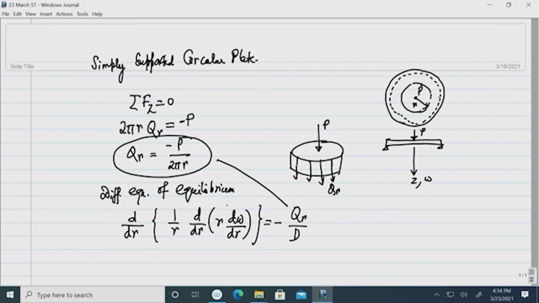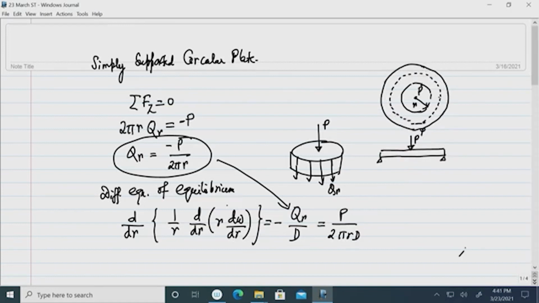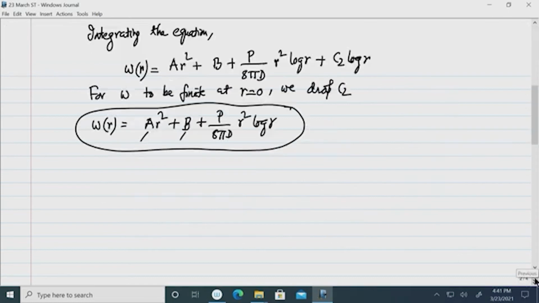So, this term is brought here, and now differential equation can be written as P by 2 pi r D. Okay. So, instead of q_r, we have now written minus P by 2 pi r. So, this equation now becomes d by dr 1 by r d by dr r dw by dr equal to P by 2 pi r D. Okay. So, after obtaining this, we now go to finding the constants of integration.